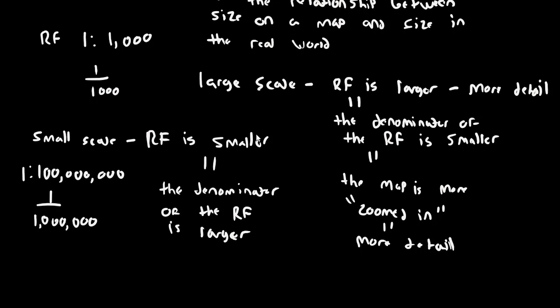As the bottom number gets larger, that means that 1 unit on the map represents more area or more distance or more length in the real world.